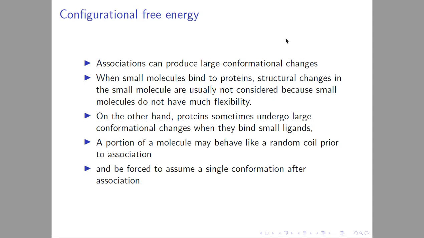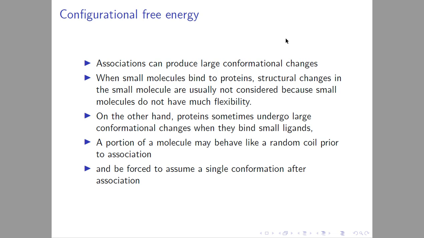Next is the computational free energy. So here, what we can say is that solution can produce a large conformational change, from, say, an L shape to a V shape. When a small molecule binds to a protein, the conformational change in the small molecule is not really considered because small molecules do not have much conformational freedom. So the protein stays in its shape, not a modified shape. On the other hand, proteins sometimes undergo large conformational changes when they bind the small ligand.